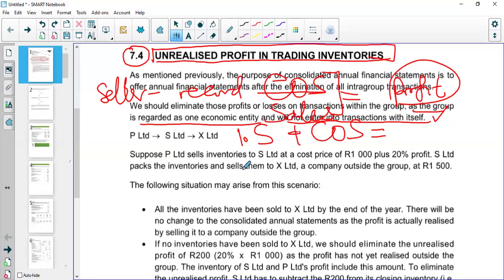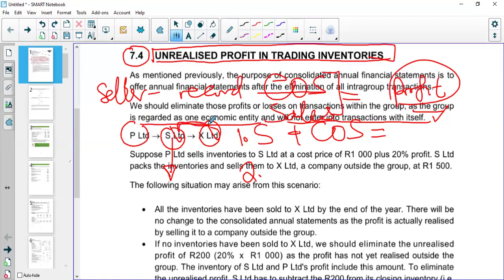Then the other elimination we need to talk about is if there is a sale, right, of inventory. Yes, we're going to eliminate that because it's intragroup. But if company P sells to company S, and company S eventually sells to company X, then it is company S that should record the sales and cost of sales, right?